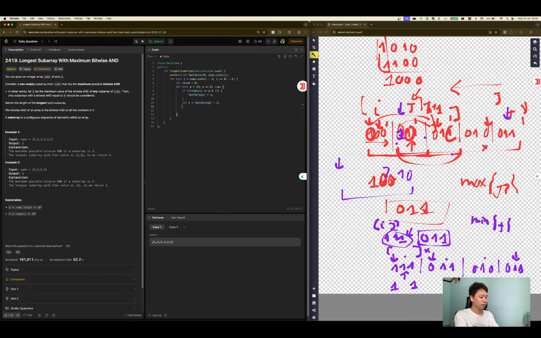If I is less than 3, the bit is 0, and if I is less or equal to 3, this must be 1. Okay, the value turns out this bit is just turned on.